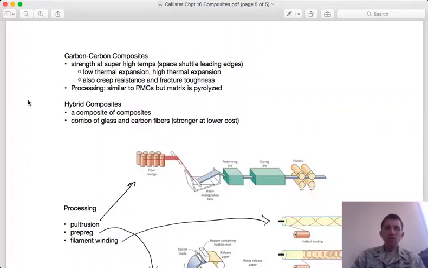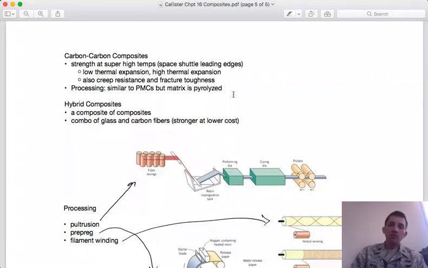Carbon-carbon composites are made, similarly to polymer matrix composites, in the sense that you have carbon fibers in a polymer matrix, but there's an additional processing step where you intentionally heat up and decompose the polymer matrix, a process called pyrolysis.